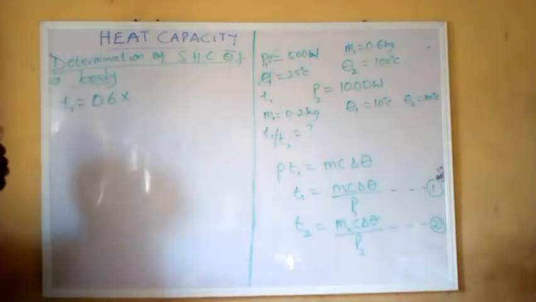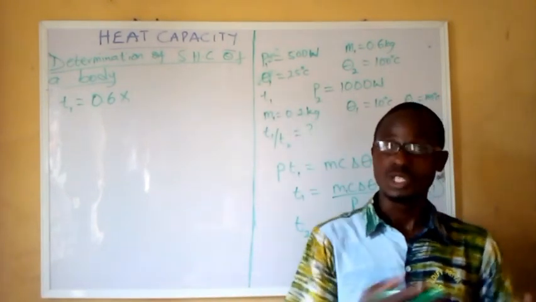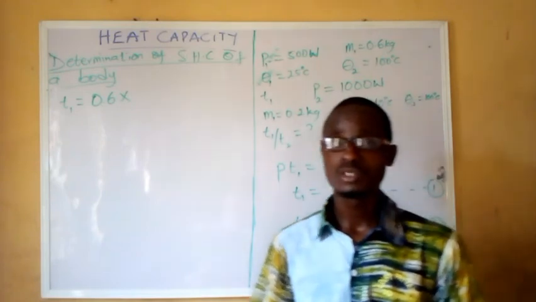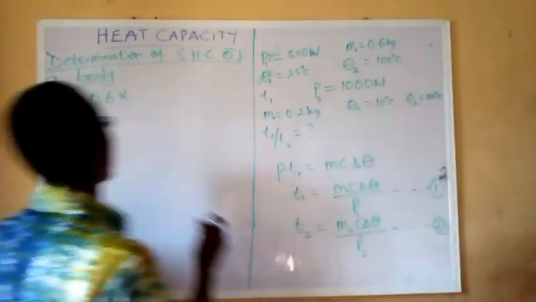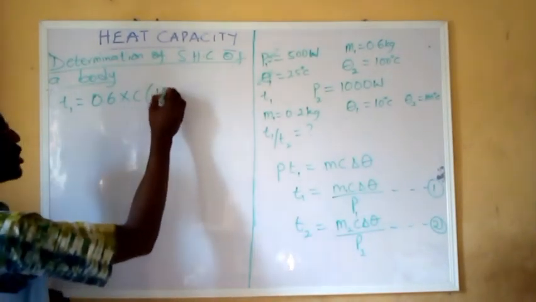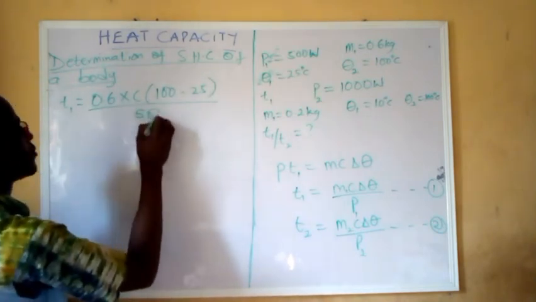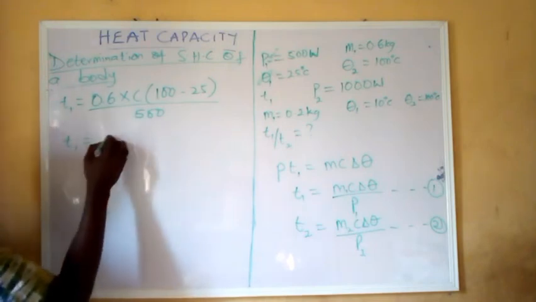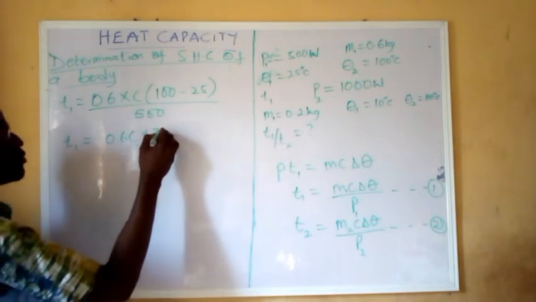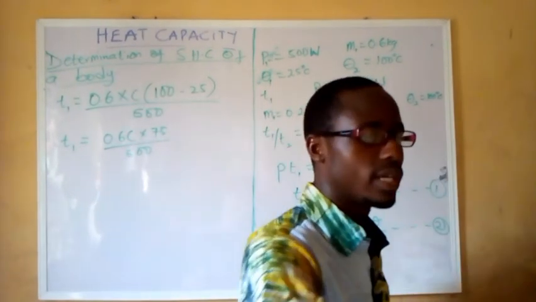We work it out in terms of C because in the question we were not given the specific heat capacity, and since it is not given, we work it out in terms of C. So we have times C multiplied by change in temperature, that's 100 minus 25, all over the power, which is 500. So T1 is going to give us 0.6 C times 75 all over 500. Let's work it out and see what we're going to get.